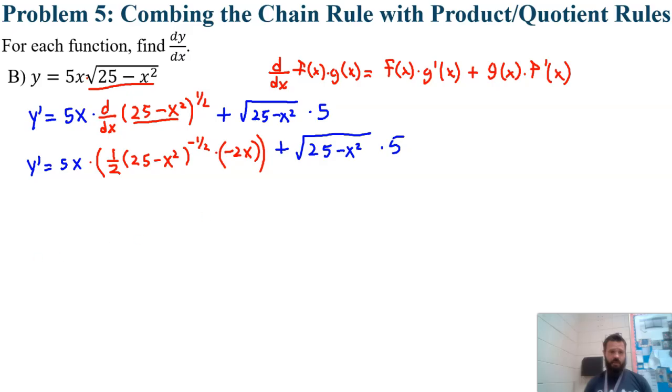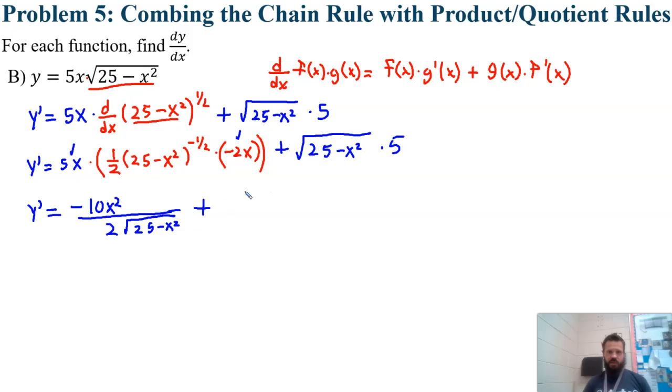Okay, but again, multiple choice time, we probably want to clean that up. We call this y prime equal to, let's see here, 5x times negative 2x, we call a negative 10x squared. So I've got the 5, I've got the negative 2x taken care of. Here we're going to have a 2 on the bottom, and we'll say square root 25 minus x squared on the bottom as well.